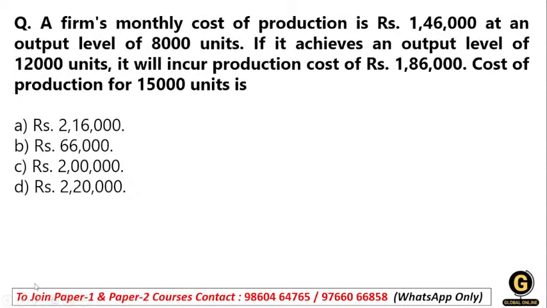So how do you calculate? First of all, you know that in this question the units are increasing gradually. First the units are 8,000, and they reach 12,000. So what will be the difference? 12,000 minus 8,000, you will get 4,000 units.